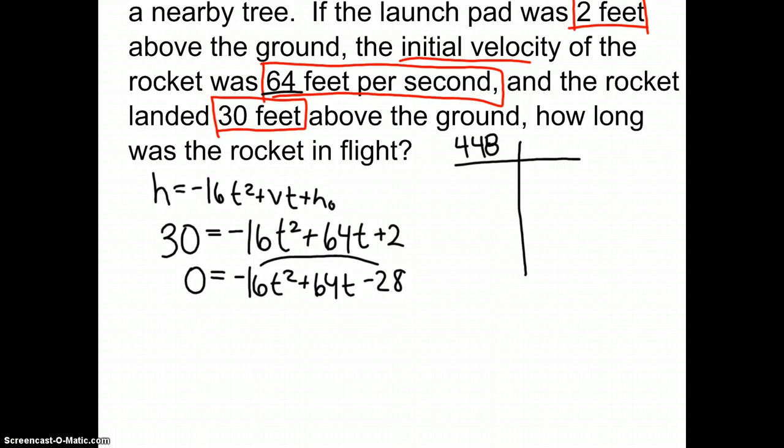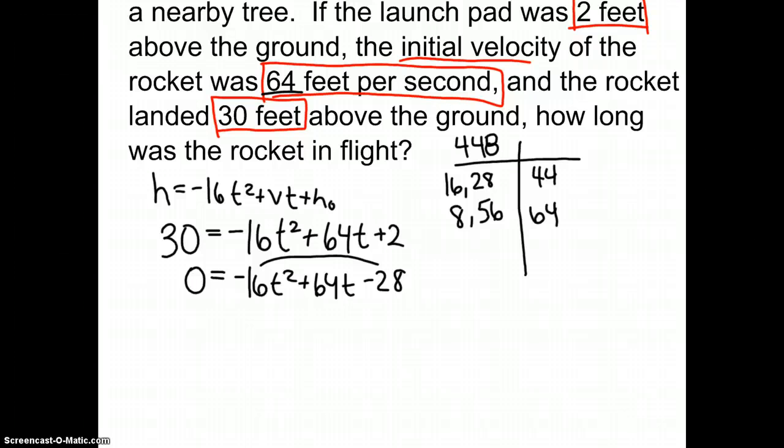And we want the factors of that that would add together to be 64. So we can try 16 and 28 and that adds together to be 44, so a little small. We can try 8 and 56, and that would give us our 64.